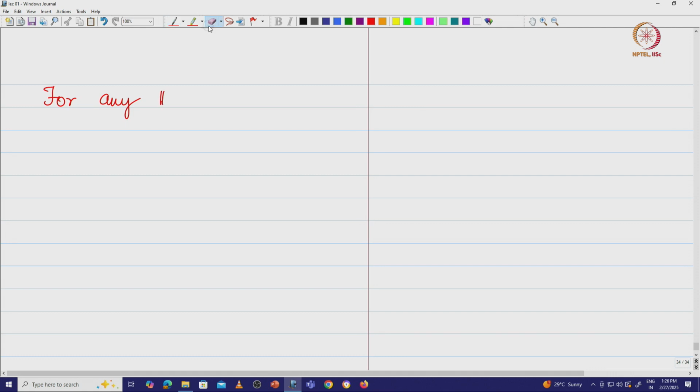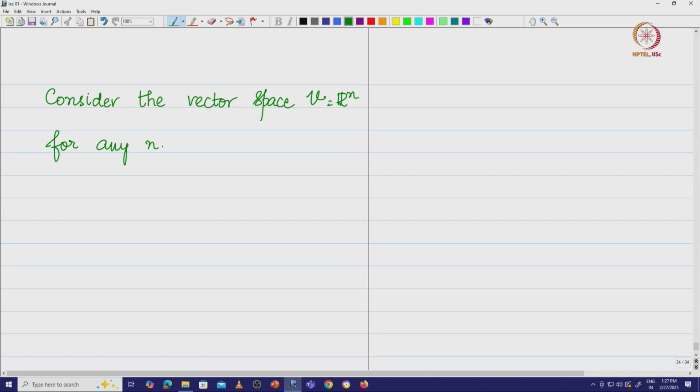Consider the vector space V equal to Rn for any n.